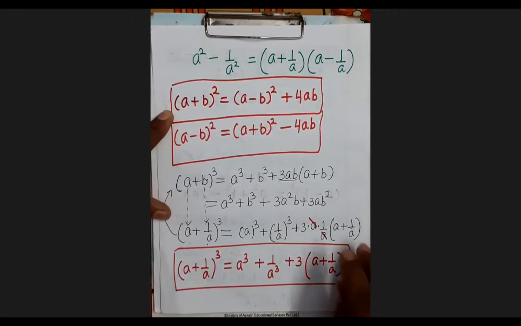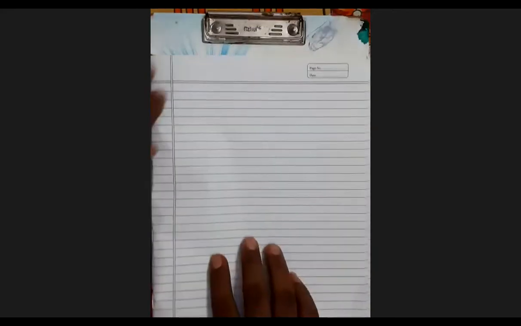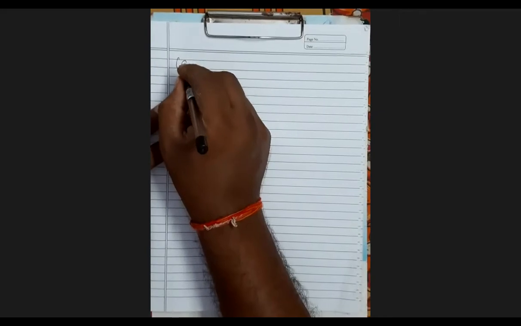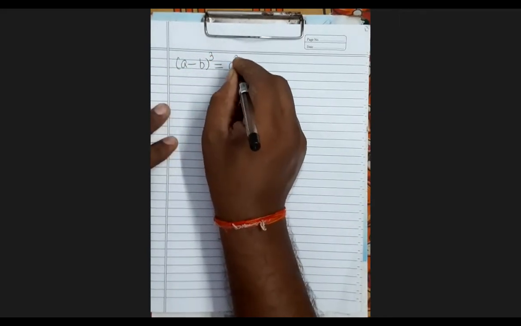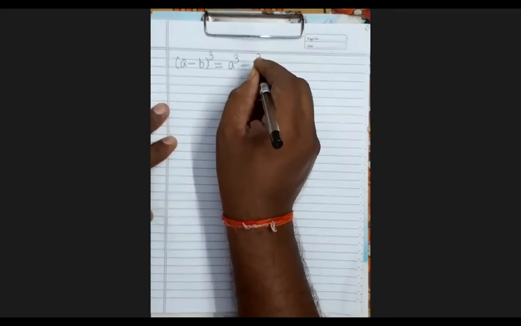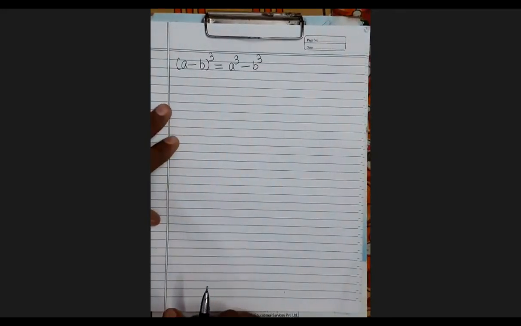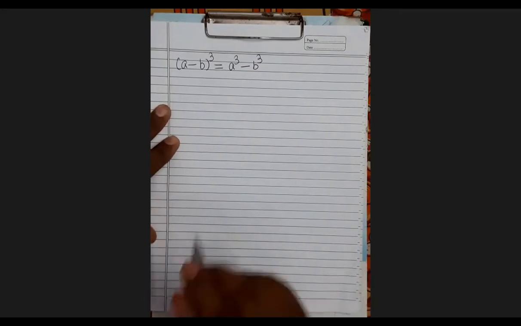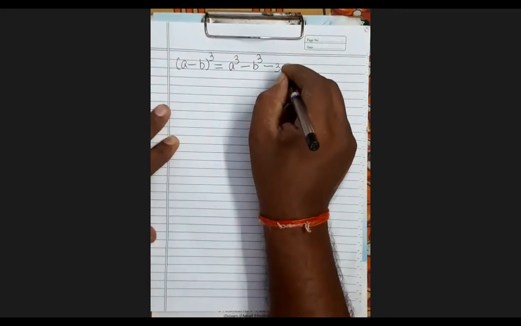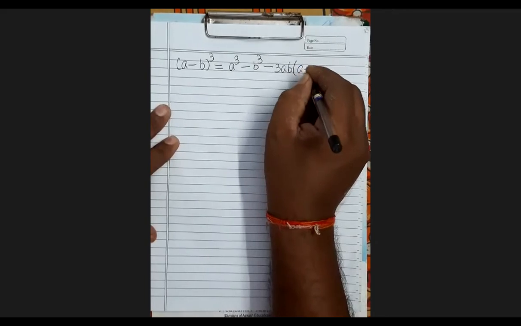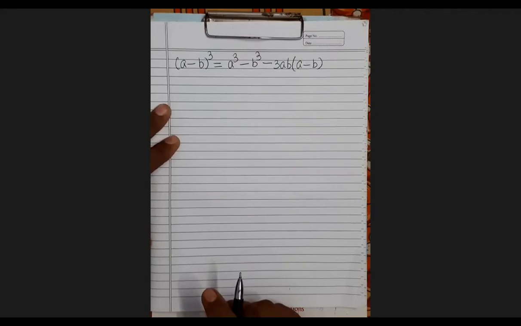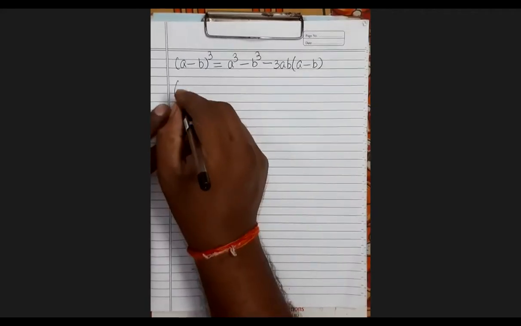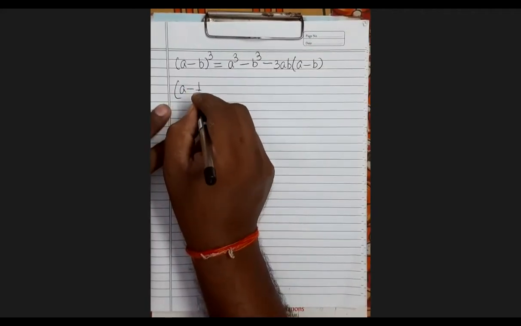Now after that, I will explain A minus 1 upon A whole cube. You know A minus B whole cube is A cube minus B cube, and everywhere there will now be a minus sign, minus 3AB within bracket A minus B. What will be A minus 1 upon A whole cube?